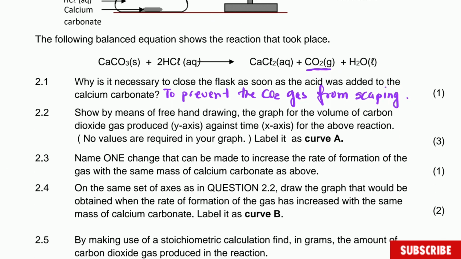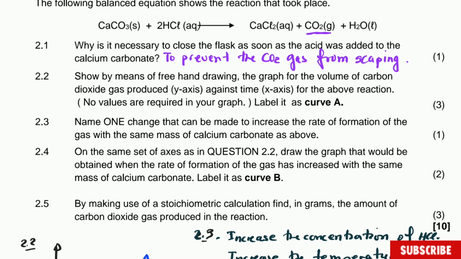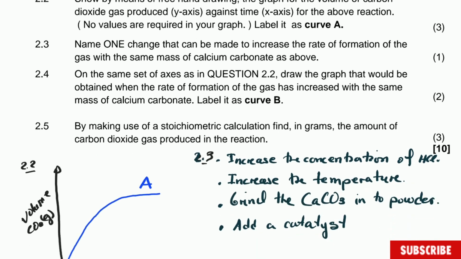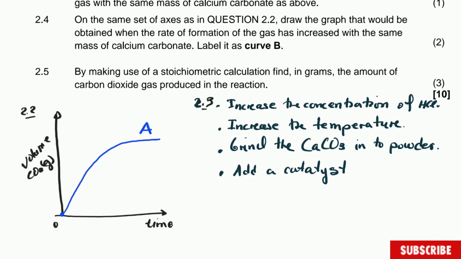Name one change that can be made to increase the rate of the reaction. That question is done. Question 2.4, on the same set of axes as question 2.2, draw the graph that would be obtained when the rate of formation of the gas has increased with the same mass of calcium carbonate. Label this curve B. When any of those factors changes, the rate of the reaction increases. We are going to draw a new graph on the same set of axes.